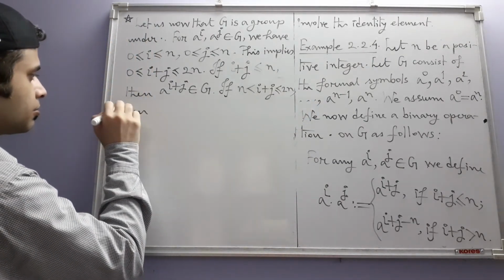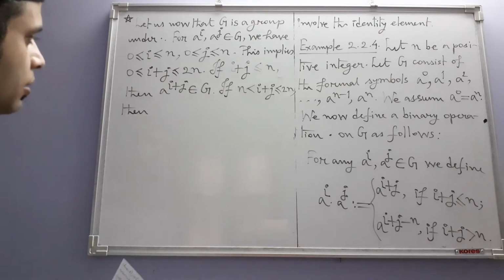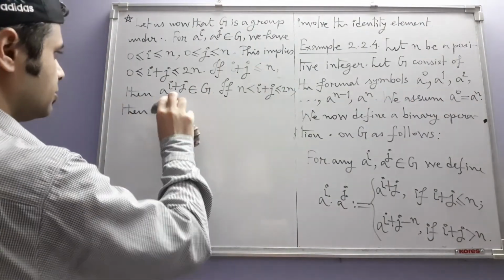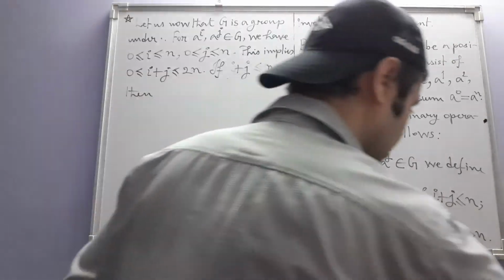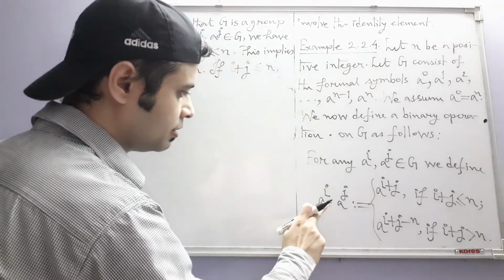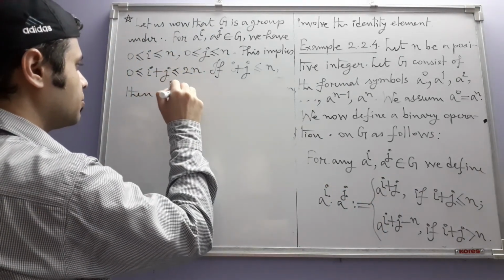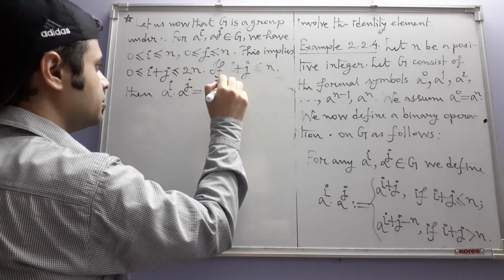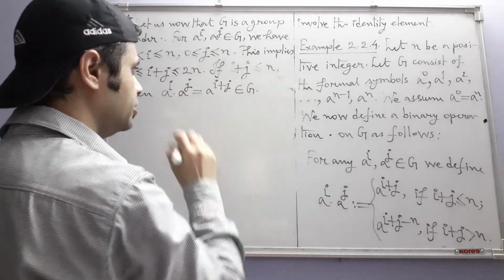Whenever i plus j is less than or equal to n, this product means a to the power i plus j. So this is equal to a to the power i plus j, that is in G.